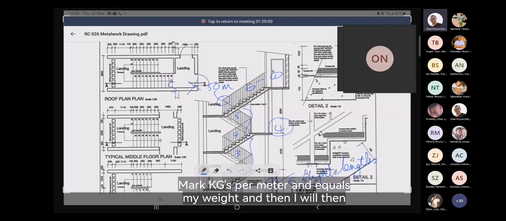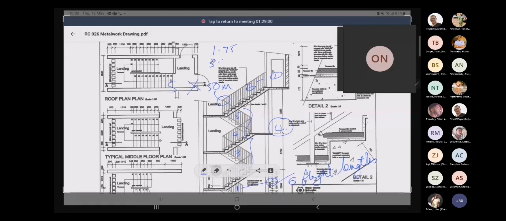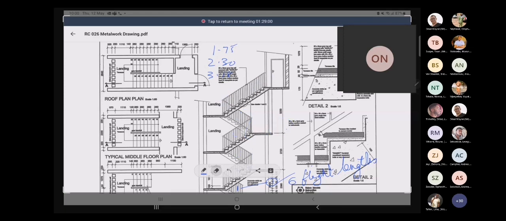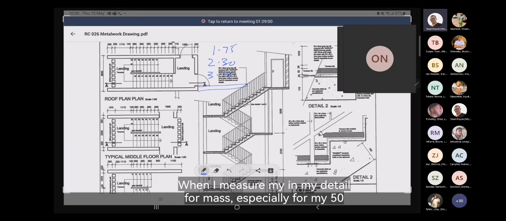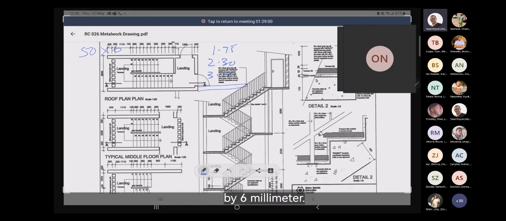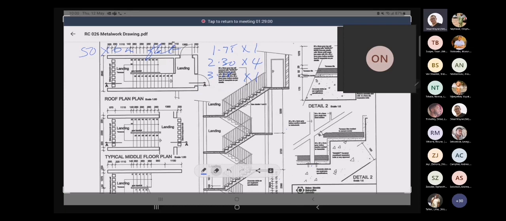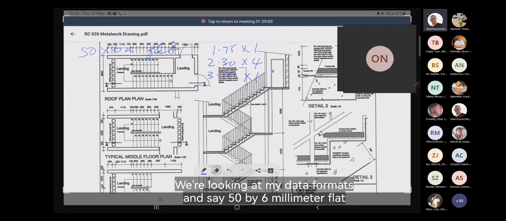And then the lengths that I have determined, which were 1.75, 2.3, and I think 3.18, I will now reflect those when I measure in my detail for mass, especially for my 50 by 6 millimeter flat. That will be times 1, times 4, times 1.